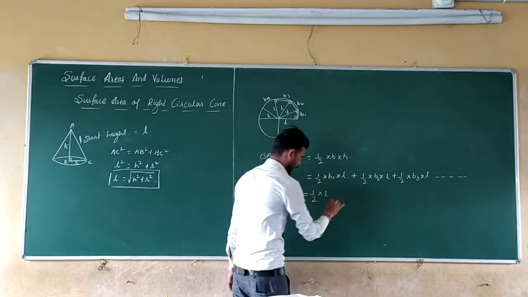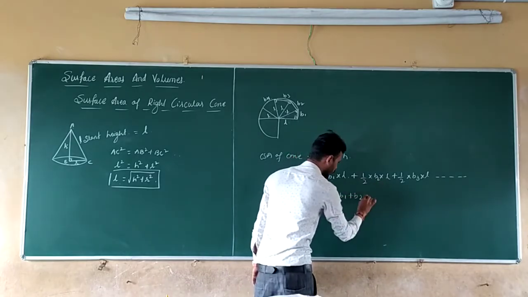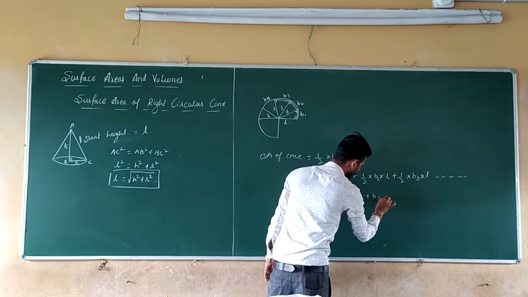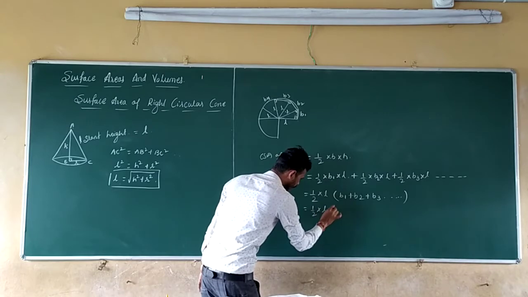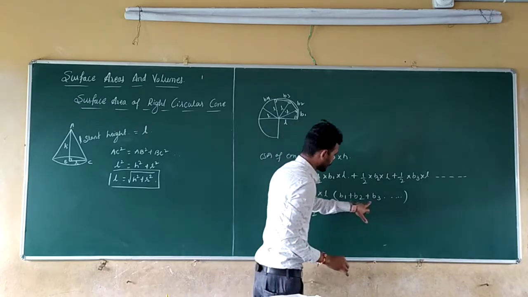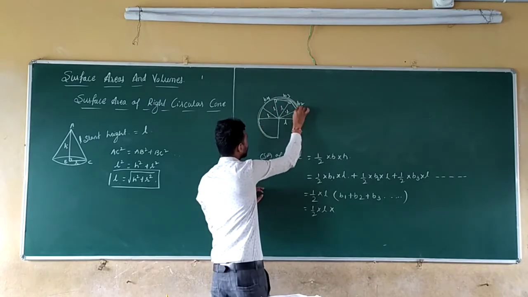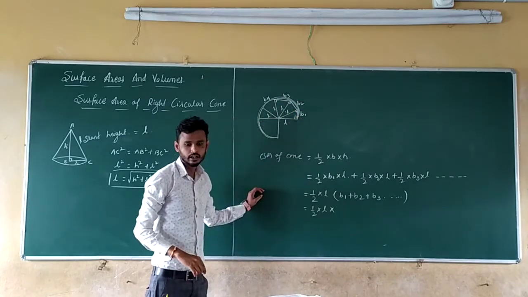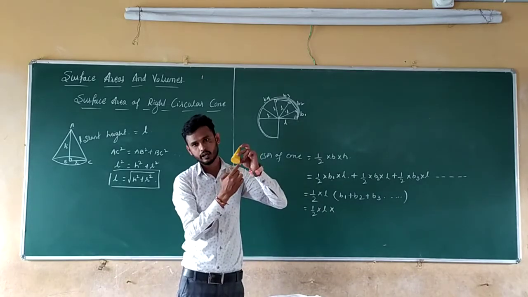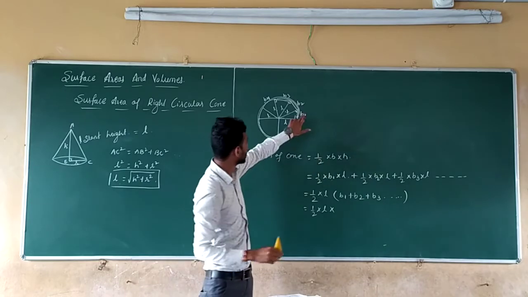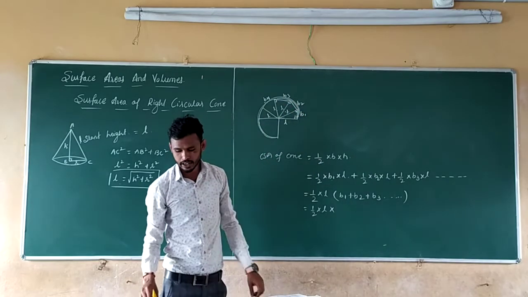So let us take that outside. Now what will remain is B1 plus B2 plus B3, so it is half into L into B1 plus B2 plus B3. If you add all these arcs, you will get the circumference of the circle, because the base of the cone is circular in shape. What is the circumference of the circle?